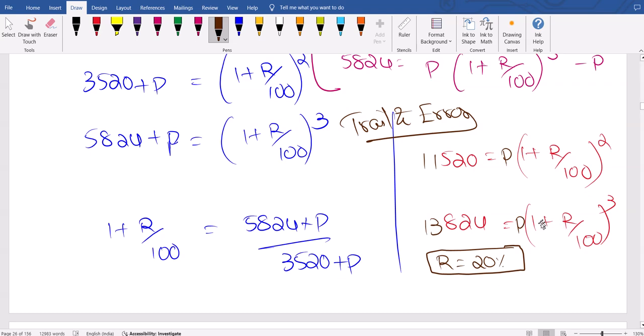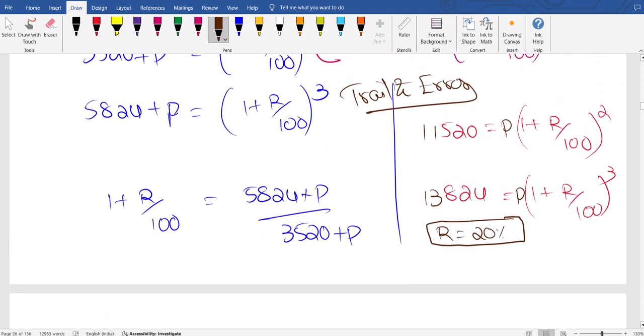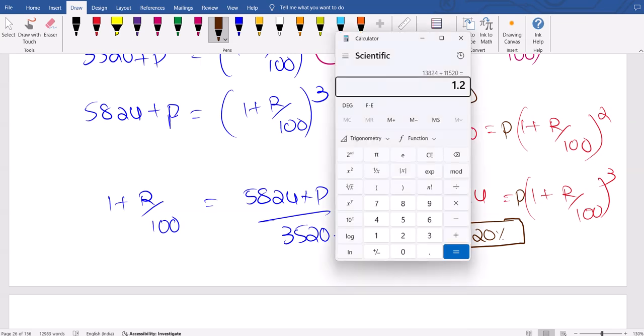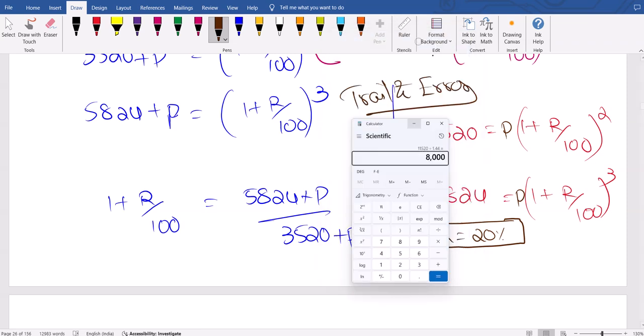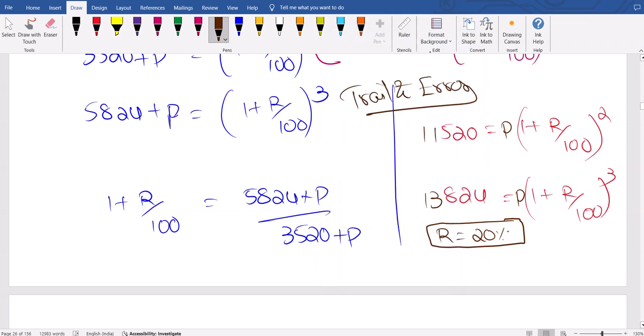Then if I put the R value 20, 11,520 divided by 1.44 will give 8,000. My principal is obtained, so the R value 20% is correct.